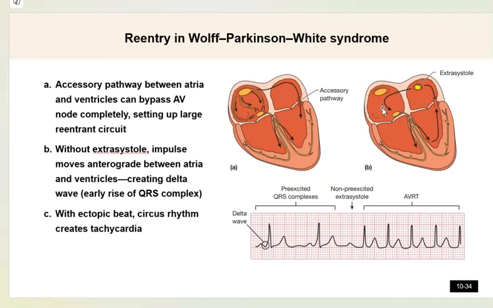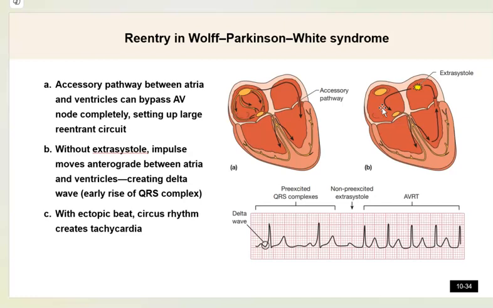Wolff-Parkinson-White is a very specific disease, an accessory pathway between the atria and the ventricles that can bypass the AV node completely, and you get a really big reentrant circuit. Without the extrasystole, the impulse moves antegrade between the atria and the ventricles, creating the delta wave, which is the early rise of the QRS complex.